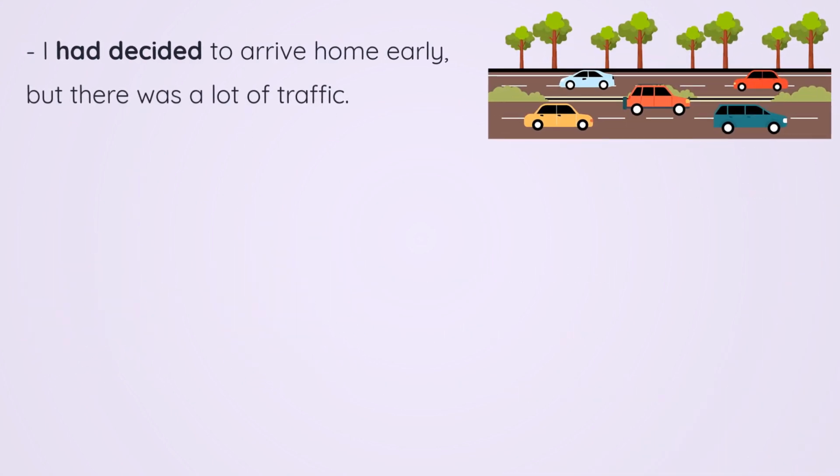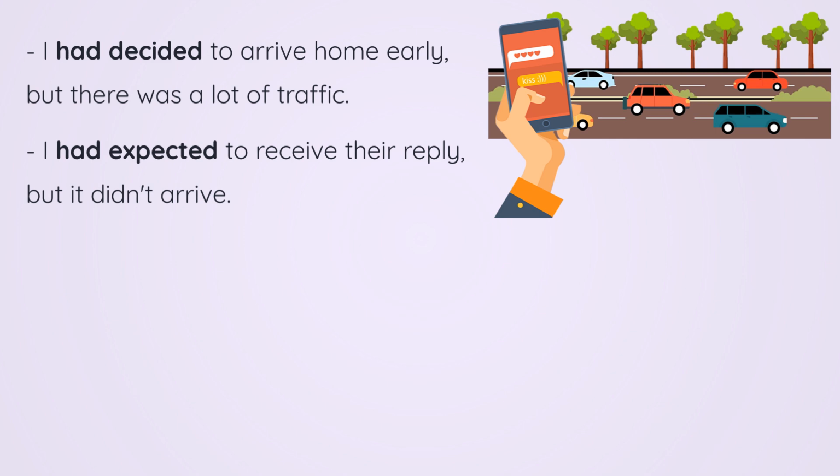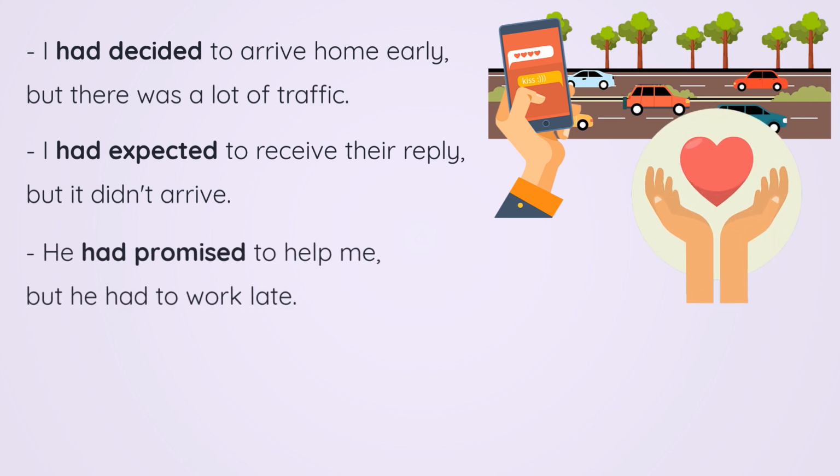I had decided to arrive home early, but there was a lot of traffic. Or, I had expected to receive their reply, but it didn't arrive. Or, he had promised to help me, but he had to work late.